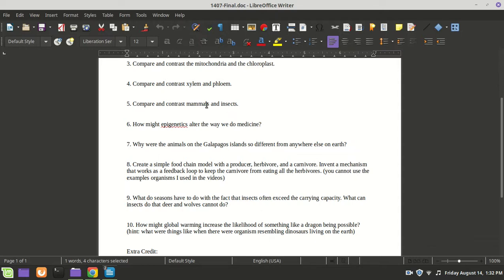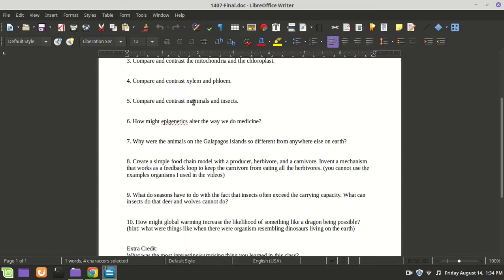What are the differences between the 2? This should be pretty straightforward. There are many things that only mammals do, and mammals are very, very well defined. Insects are much broader, but the things that mammals don't do that insects can, and vice versa, those are the things you need to focus on.